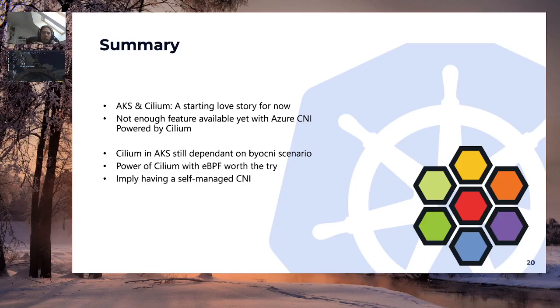I don't know yet. Hopefully, we will get more information. If you want currently to use Cilium with all of its features in AKS, either we use the Bring Your Own CNI, or we need to use Isovalent from the marketplace.